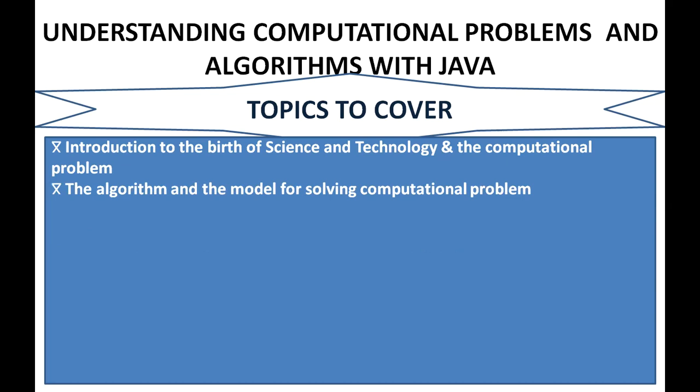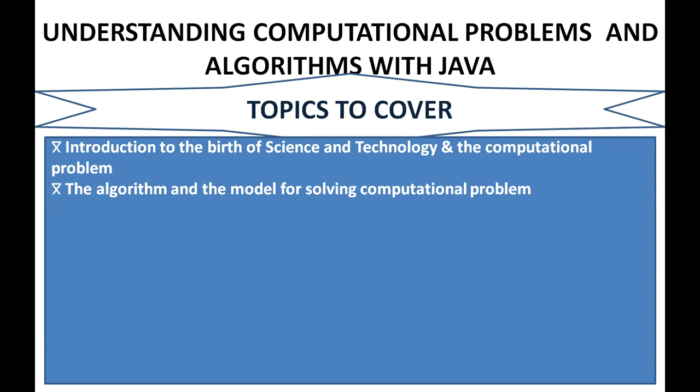The second topic is going to be about the algorithm and the model for solving computational problems. Here we are not going to go through a really complex way of designing algorithms, but we are going to show you a way of understanding algorithms.